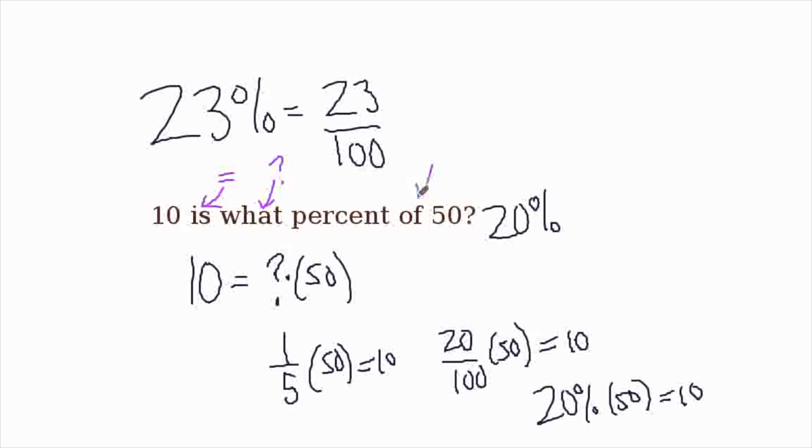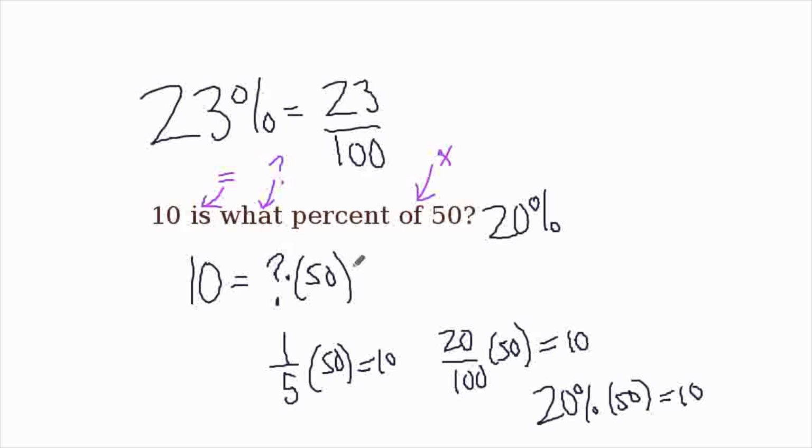And when you see an "of," that'll represent multiplication, maybe I'll put an X for multiplication. So you can see that question translated into 10 equals mystery percent multiplied by 50. And that was how I reasoned out that the answer was 20%.